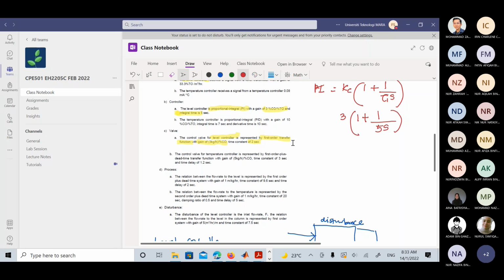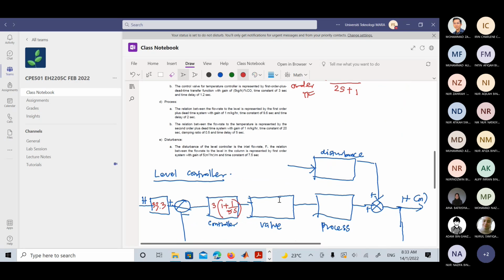Yes. Alright. So kalau kita tulis dekat sini, the transfer function for the valve is the gain 3 divided by berapa? The time given is 2. Yes, 2s plus 1 because this is the first order transfer function for the valve. Okay, tulis balik dekat bawah ni. 3 divided by 2s plus 1.